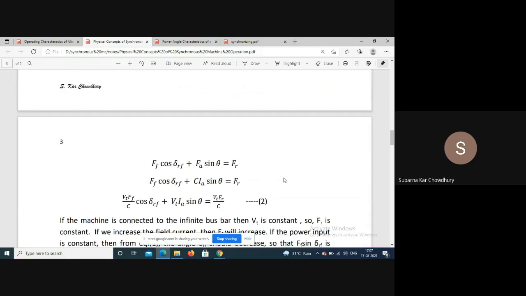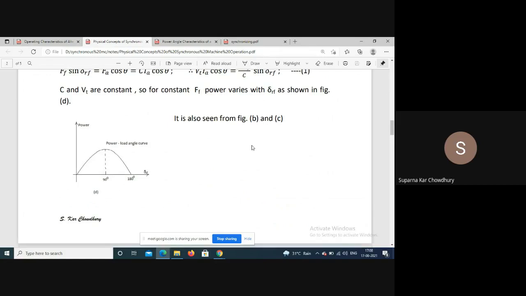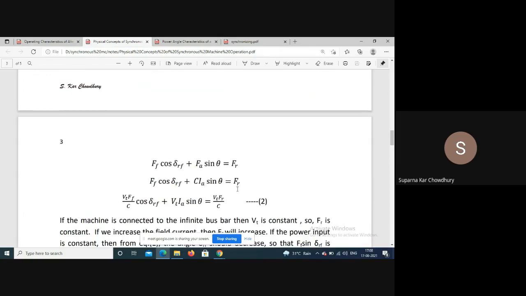Now what we have assumed is that we have not changed the mechanical power input, or the shaft load. So unless that mechanical power changes, Ia cos theta cannot change. If this cannot change, this quantity also cannot change. However, in this equation, what we have changed is FF.